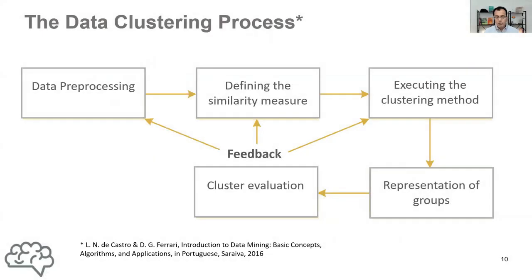Just to finish this introductory part, let's have a look at the data clustering process. In most cases, any data analysis and data analytics process will have a data processing step in which we have to take the raw data and prepare it for analysis. This means, for example, finding and replacing missing values.